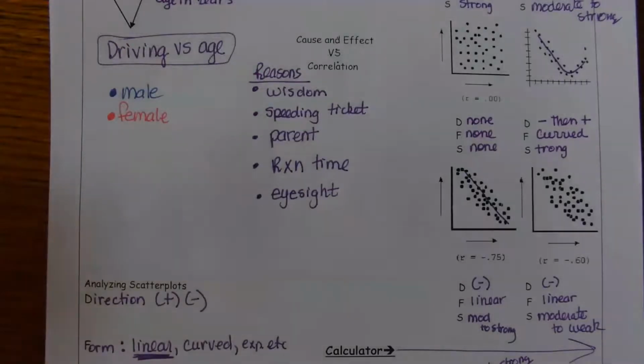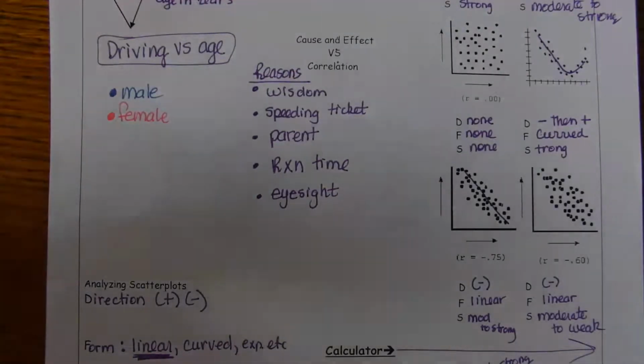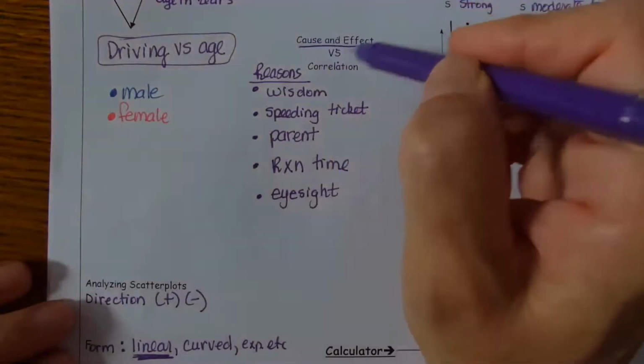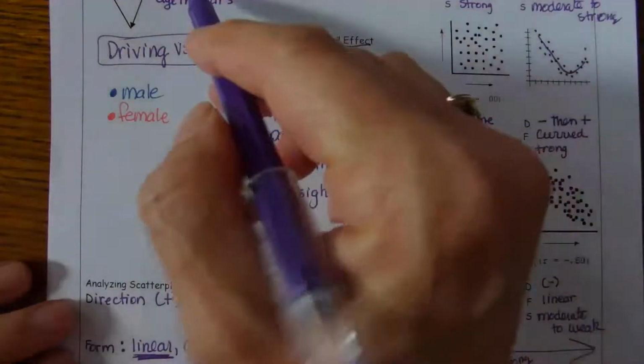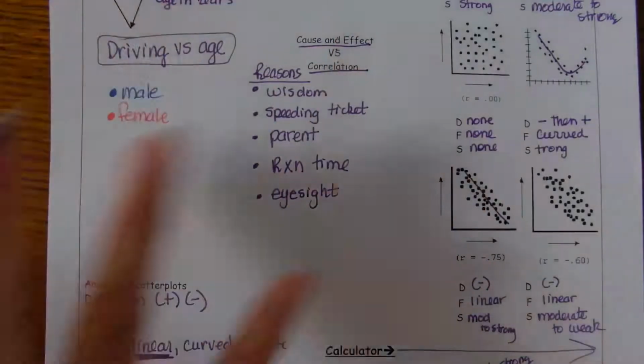There's a correlation to age, because as you age, your eyesight declines, but it's really the eyesight itself that's the cause. Do you see what I'm saying? So be very careful with cause and effect versus correlation. There's a definite correlation in your age, but it's not actually the age that's causing it. It's all these other things.